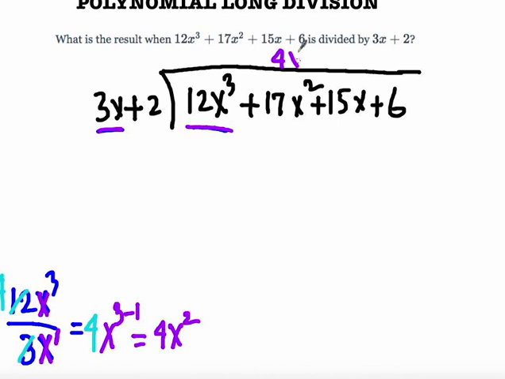Okay. Second step is this. We take this and multiply it by the divisor, which is 3x plus 2. Multiplying here is the same thing as distributing.